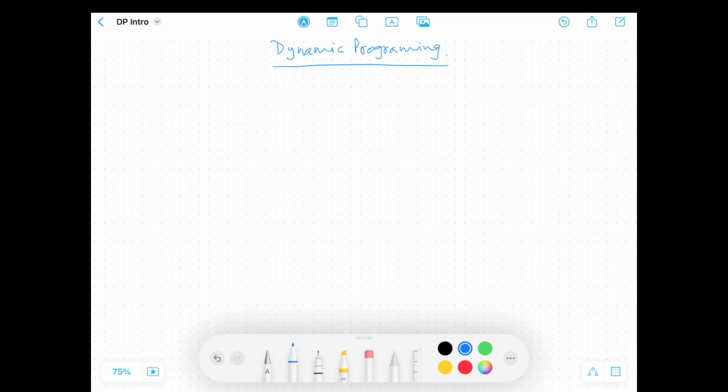So at a high level, what dynamic programming does is it finds subproblems, solves them, and keeps the solution in memory so that it does not have to solve those subproblems which are already solved.